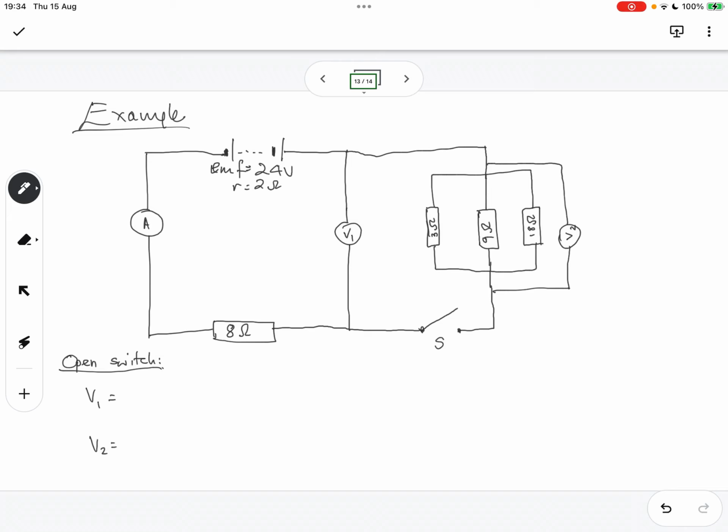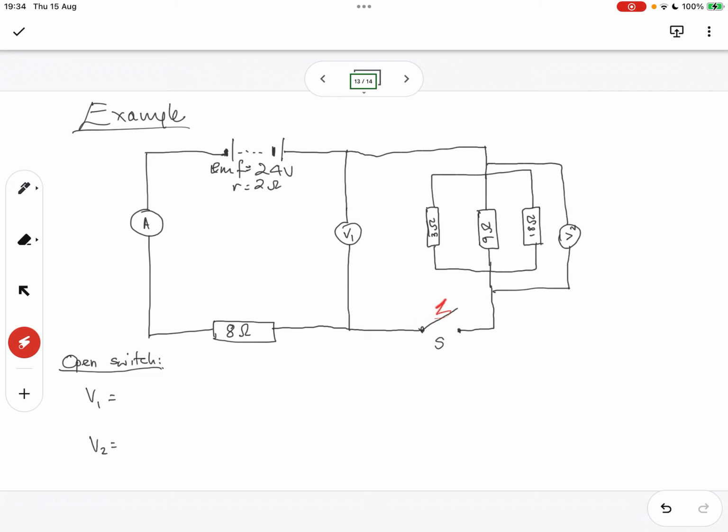So when the switch is open, it means there's no current flowing. Do you agree? Magdalene? When the switch is open, it means there's no current flowing. Do you agree?